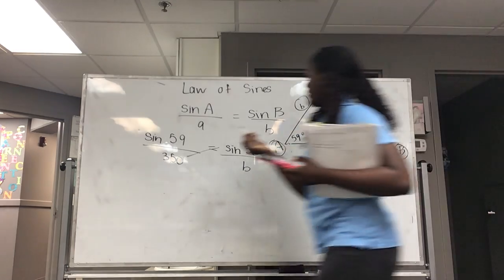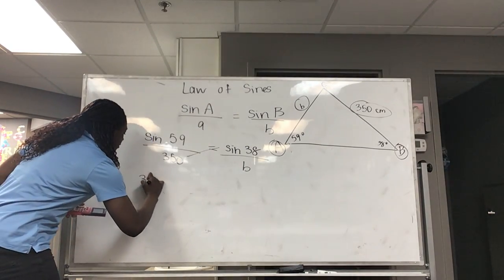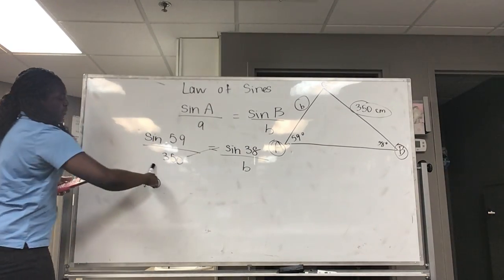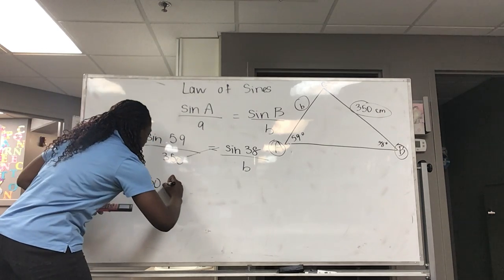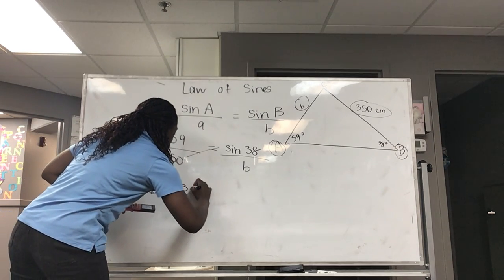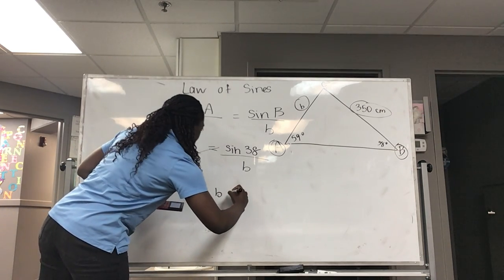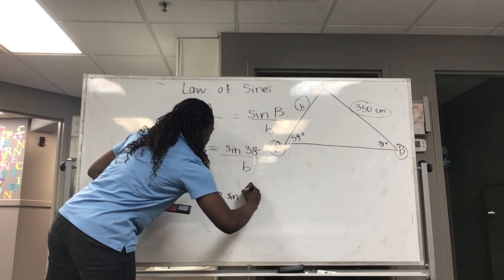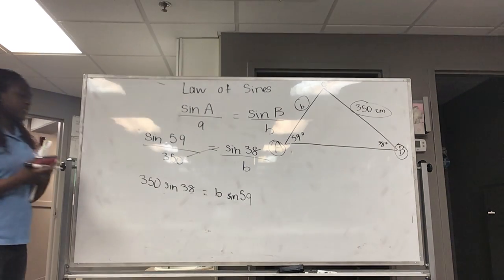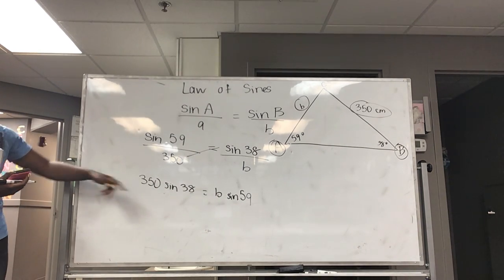If I were to write this out, when I'm cross multiplying, 350 times sine of 38 would be equal to b times sine of 59. So what did you guys get for 350 times sine of 38?